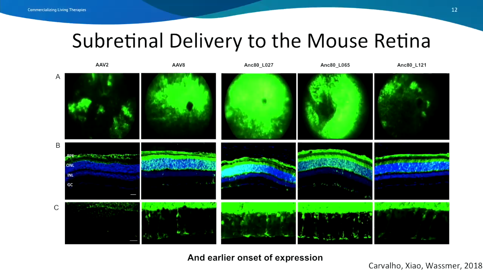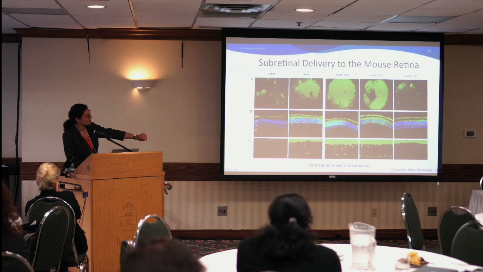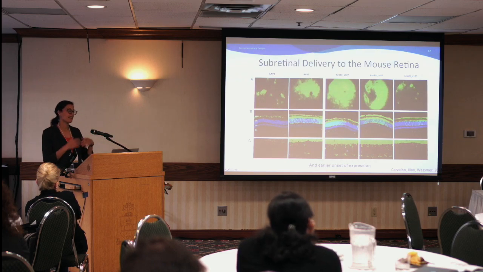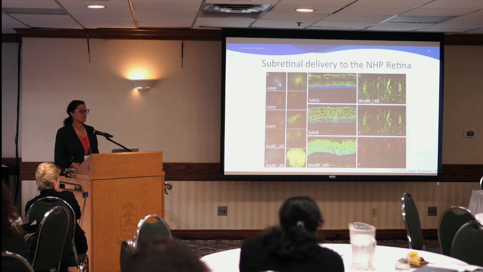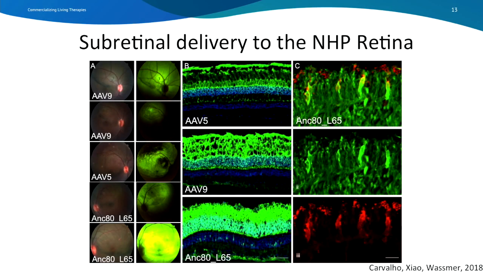And we found that ANK80 elicited robust expression in those photoreceptor cells, as well as the retinal pigmented epithelium and the Mueller cells, as you can see here. Those are the support cells that span the entire retina. So this was intriguing. Since we're discussing preclinical work today, we naturally moved into a larger animal.